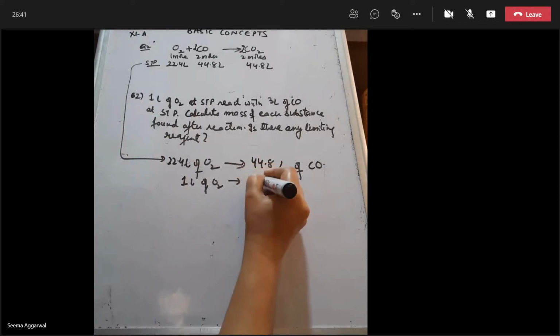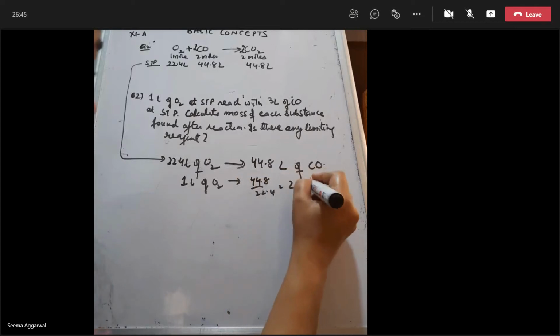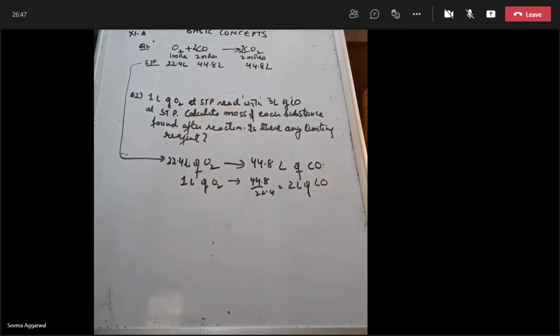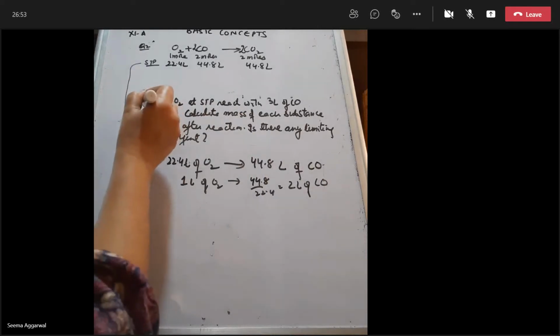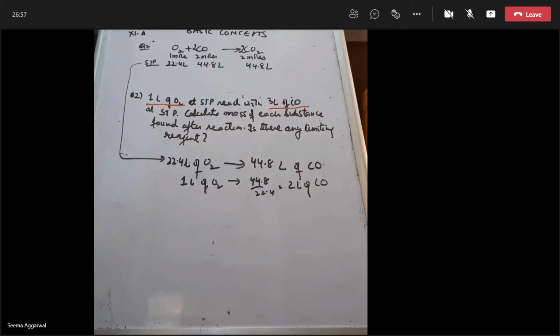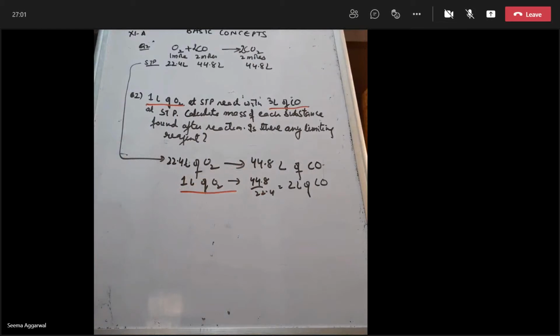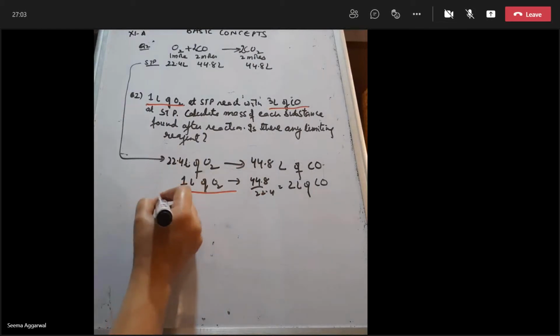Okay? Now can you identify which is the limiting reagent or which is in excess? Ma'am, carbon monoxide is in excess. Yes, because 1 liter of oxygen requires only 2 liters of carbon monoxide. So we are given 3 liters of carbon monoxide.